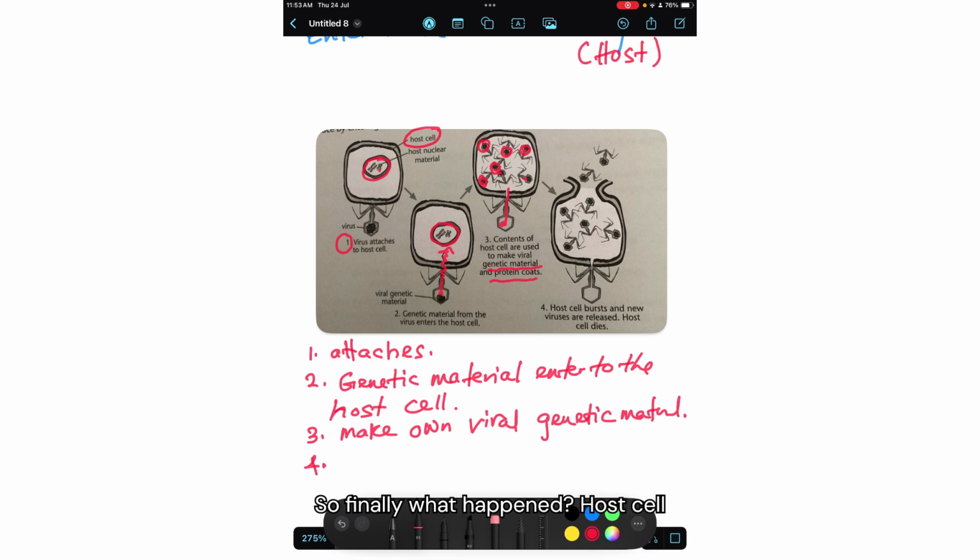So finally, the host cell bursts and new viruses are released. So what happens to the host cell? The host cell dies.